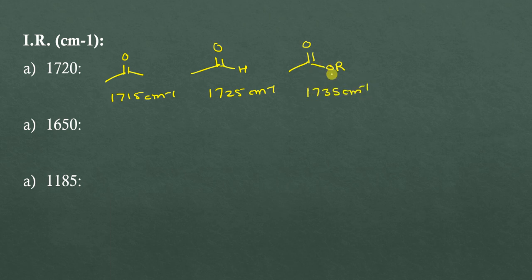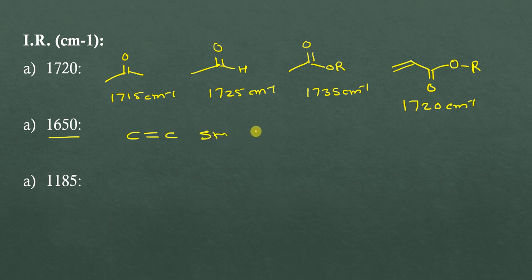If the carbonyl group is in conjugation with a double bond, then this value will be lower, so this may appear around 1720. So this can be either a ketone, aldehyde, or conjugated ester. Then 1650 is C=C stretching of alkene, right?